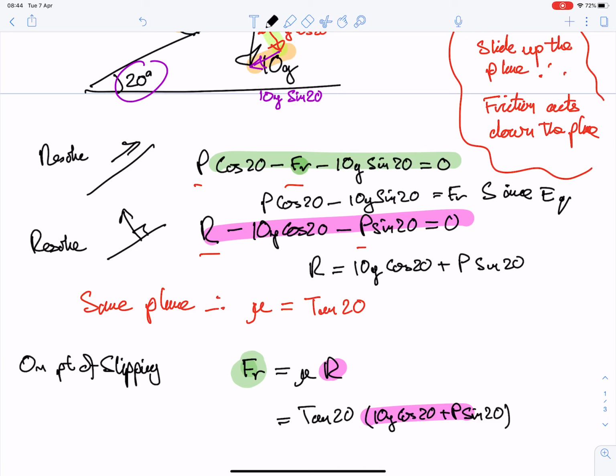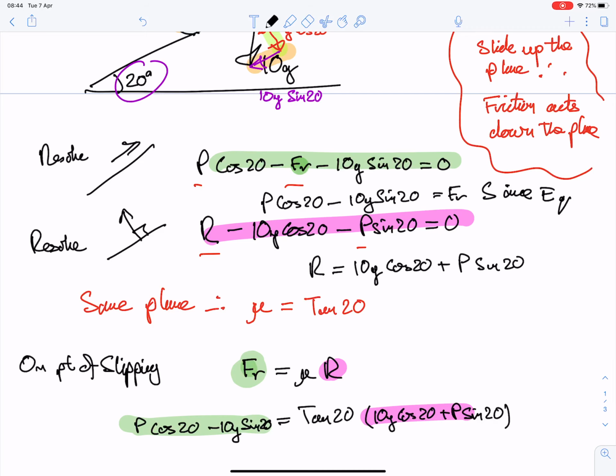And we can substitute that down here. So for friction, we will then have friction is P cos of 20 minus 10g sine of 20.